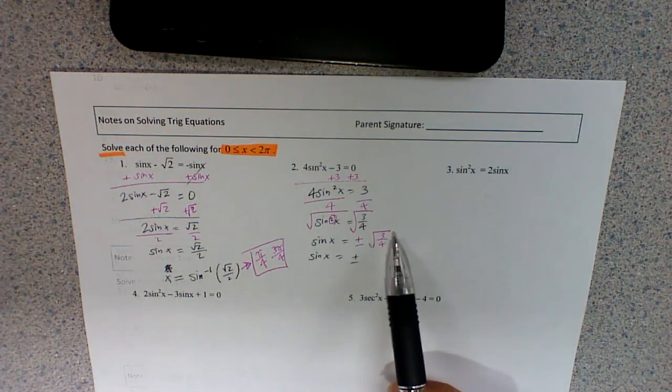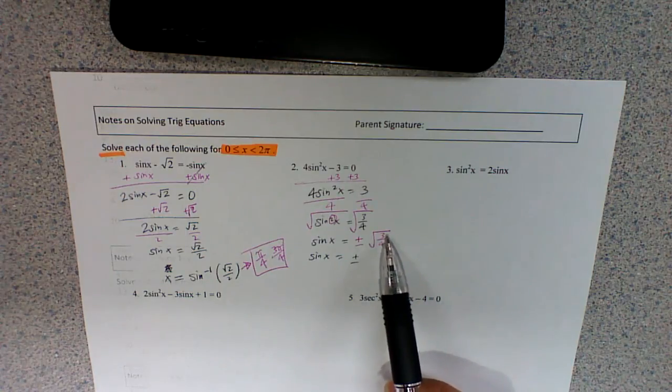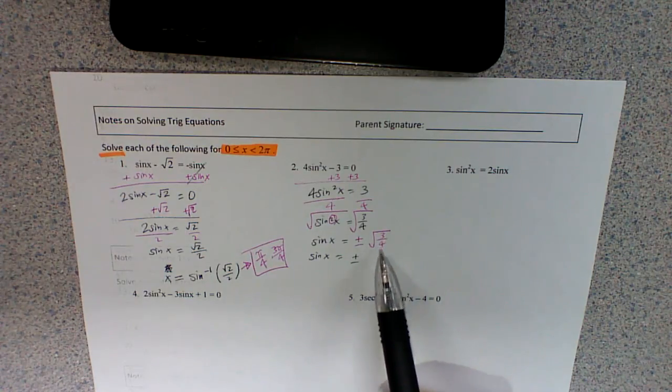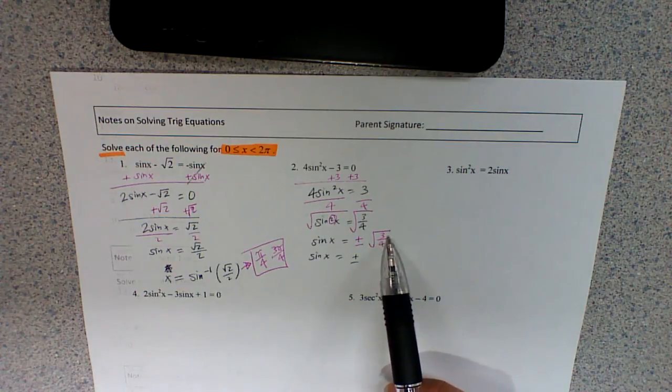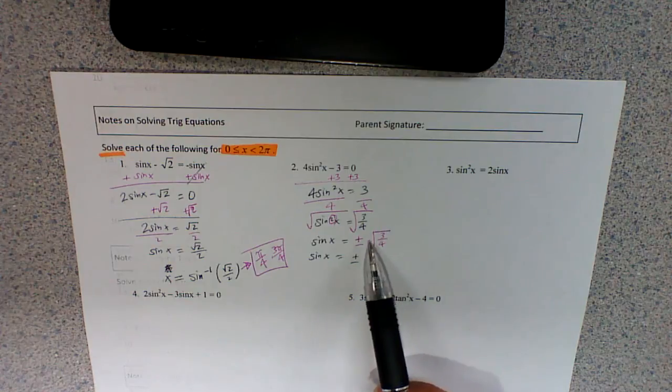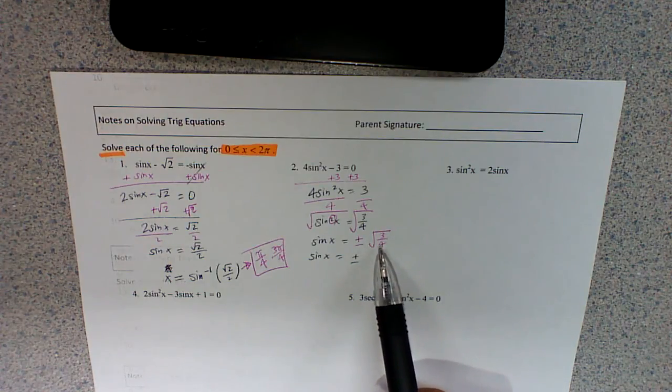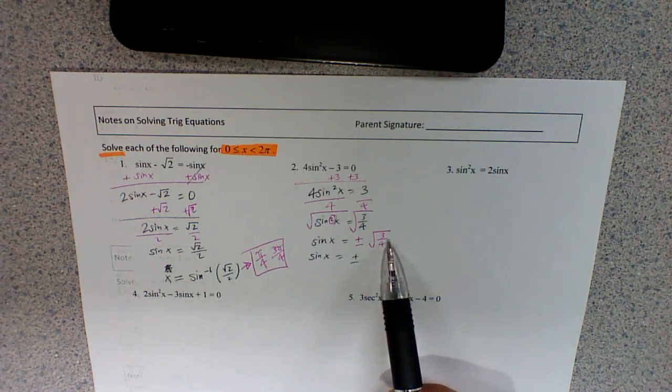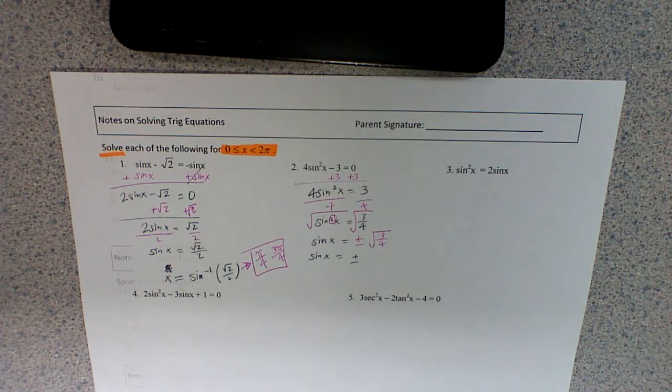I'm going to separate the square root so that you have a square root separately for 3 and a separate square root for 4 as well. And the only reason I can do that is because I have 3 divided by 4 here. If there was some addition or subtraction going on under the square root, you couldn't separate, but because I do have division, I can go ahead and separate the square root.